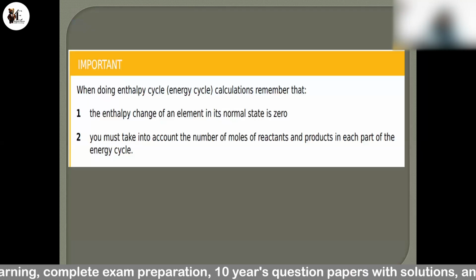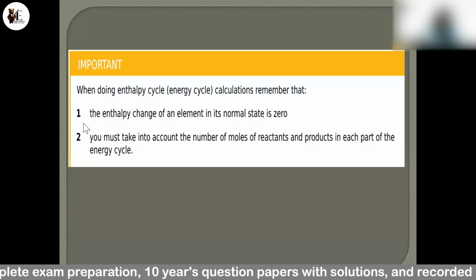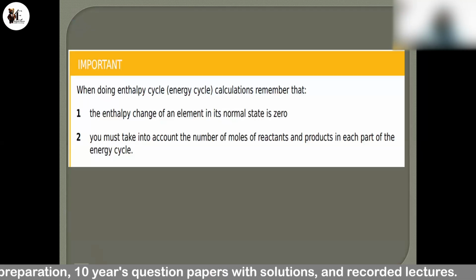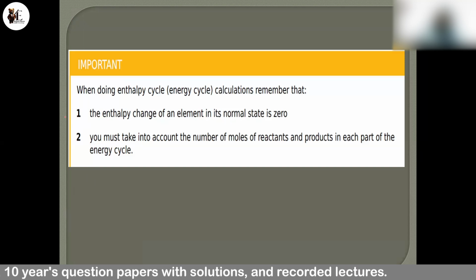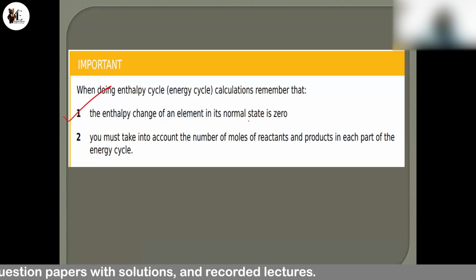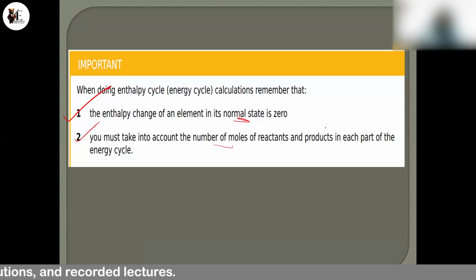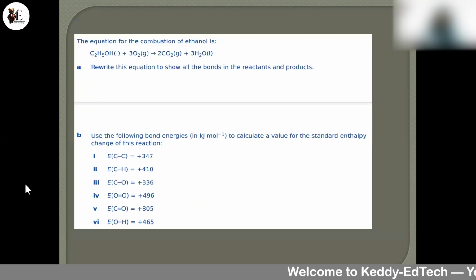Yes, so we have completed the chapter. You have to remember only two things when doing enthalpy change or energy cycle. You have to remember that enthalpy change of an element in its normal state is 0, and you must take into account the number of moles of reactants and products in each part of the energy cycle. Okay, you have to remember enthalpy change of an element in its normal state is 0. So take a screenshot of your homework question.